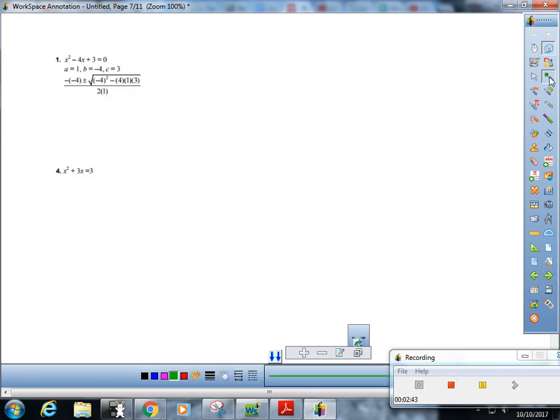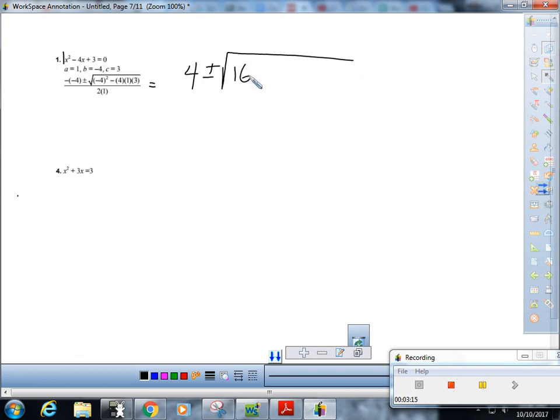So right here, this is number 1 and number 4 from your worksheet. This just shows you that it is in standard form. There is a 1 there, so it is showing you how to use this. So notice it's minus b, minus a negative 4, plus or minus big square root of negative 4 squared. And maybe you would just put this in your calculator, but I'll show you how to do it by hand. A negative 4 is a positive 4, plus or minus big square root of negative 4 squared is 16 minus 4 times 1 times 3 is 12, all over 2.